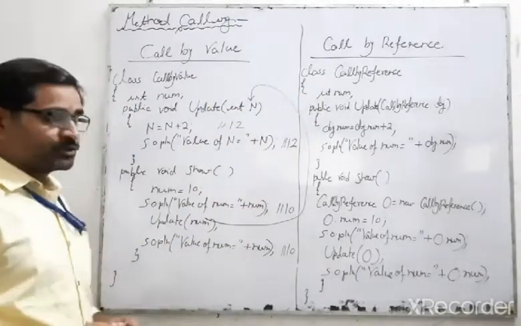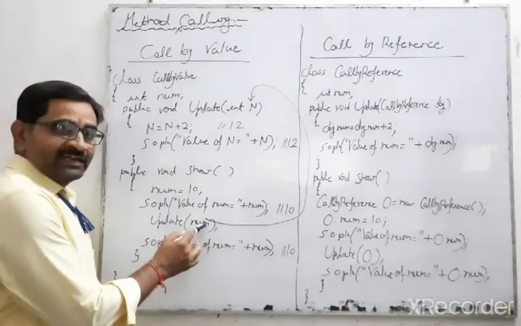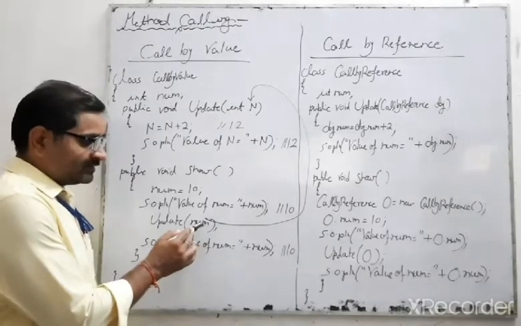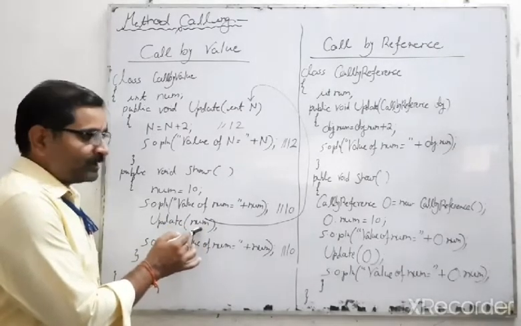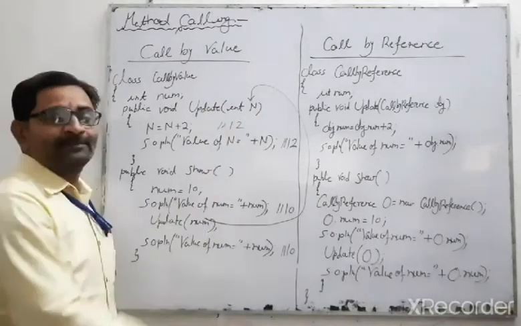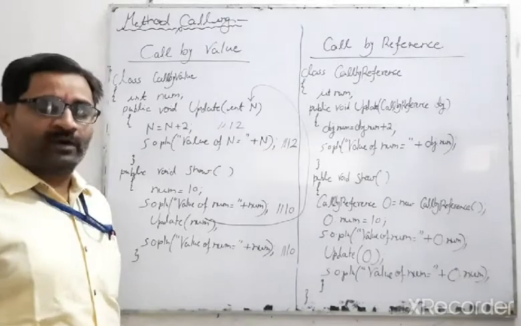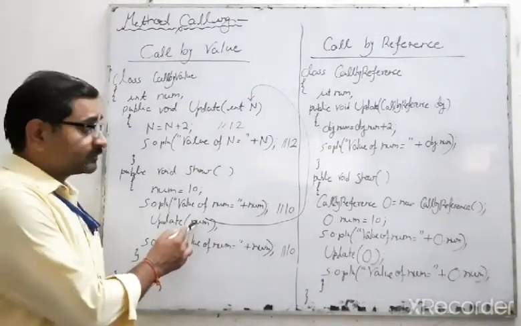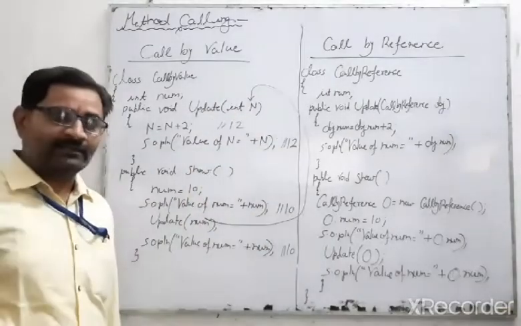Here you should also notice one thing: num is an actual argument, and when you call this method, the value of this actual argument is received by the formal parameter, which is capital N. So in this program, if anyone asks what is the actual argument, num is the actual argument and capital N is the formal parameter.